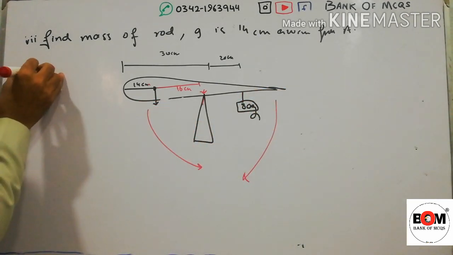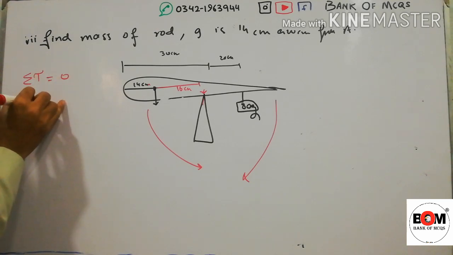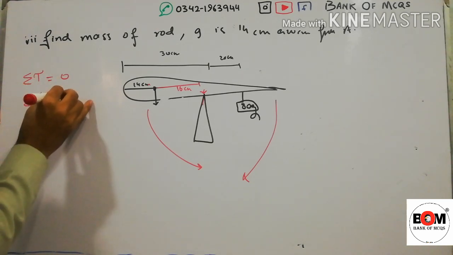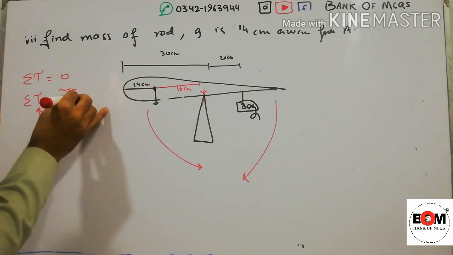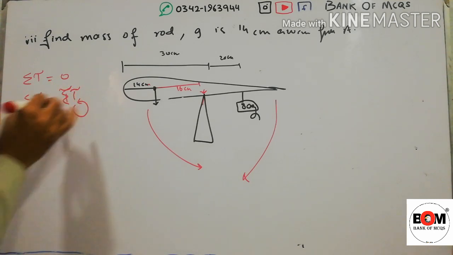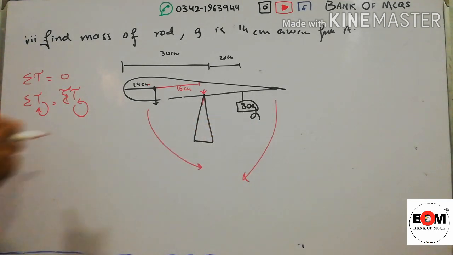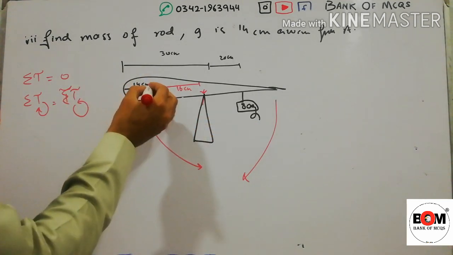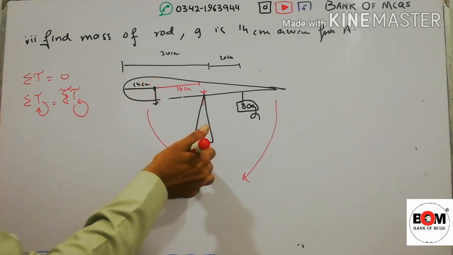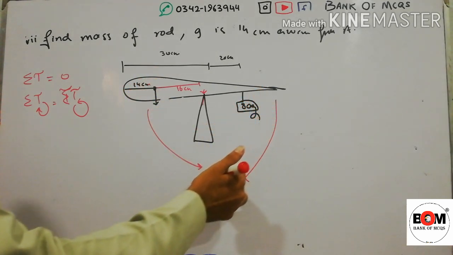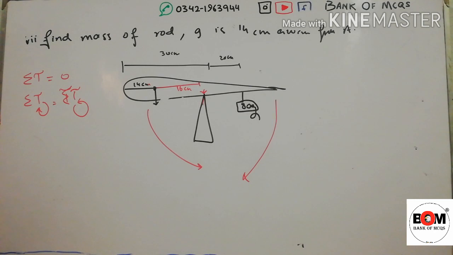For the body in equilibrium, the sum of all torque is equal to 0, or clockwise torque is equal to anti-clockwise torque. As most of the weight lies in this direction, the beam will try to rotate in this direction and the mass will rotate in the other direction.